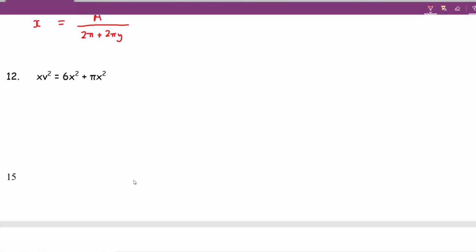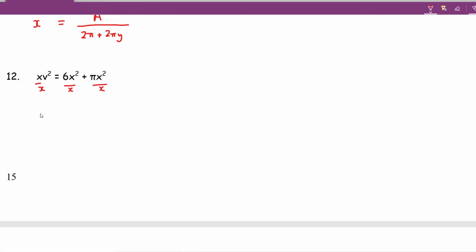Let's have a go at, oh, it's our last question. We've got x squared there, and x there. How are we going to go about this? When we've got x in all of them, the sensible thing is to divide everything by x first of all.